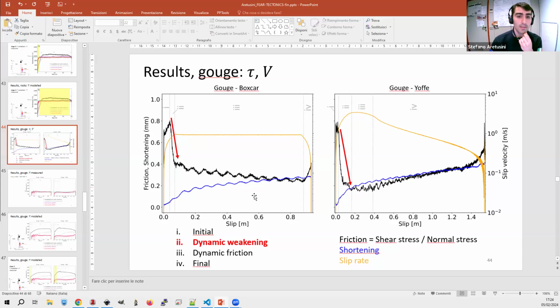But it's also happening towards the end of the experiment, because occasionally, thanks to microstructural analysis, stopping here, here, and here, you could see that away from the principal slip zone the grain size reduction is occurring, also slightly, in what can be considered an off-fault kind of damage during the experiment, even if it's not really off-fault, it's still within the fault core, just a few microns away from the principal slip zone.